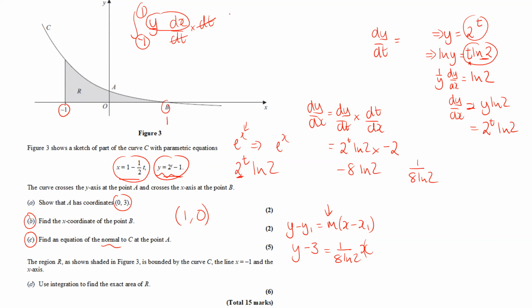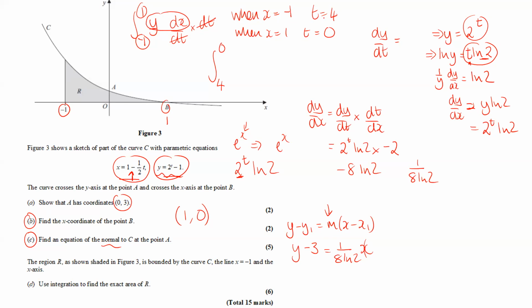So changing the limits, when x is equal to -1, then putting it in here, we'll get that t is equal to 4. When x is equal to 1, we'll get that t is equal to 0. We've already had that. So we are going between 4 and 0.